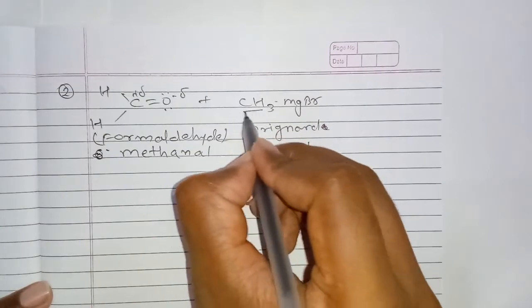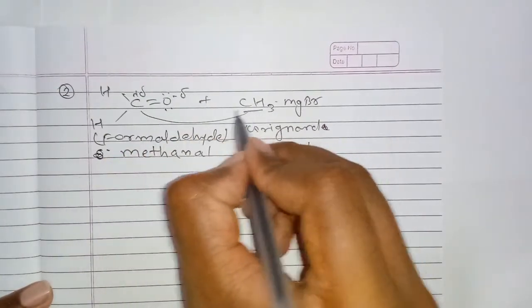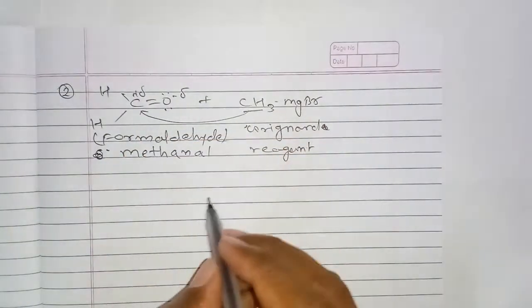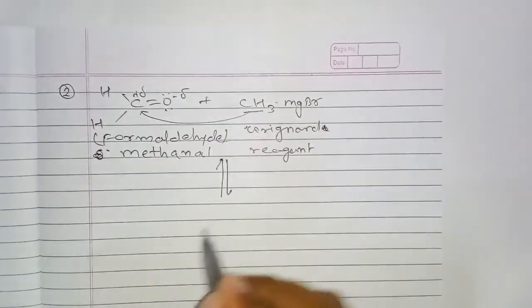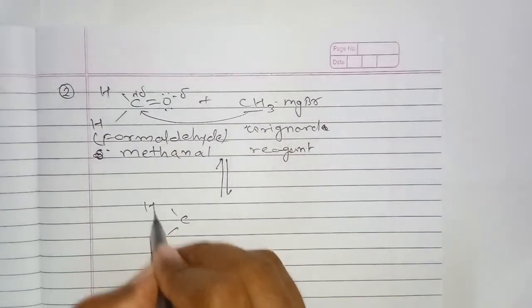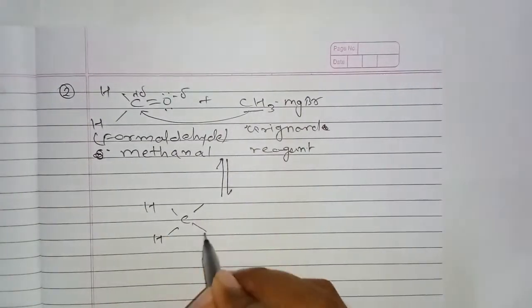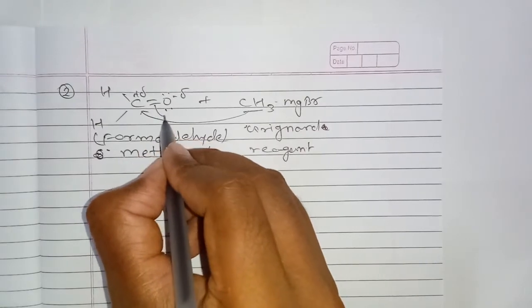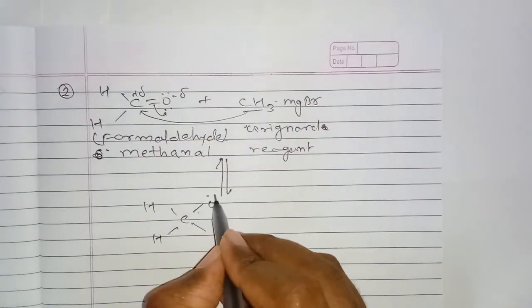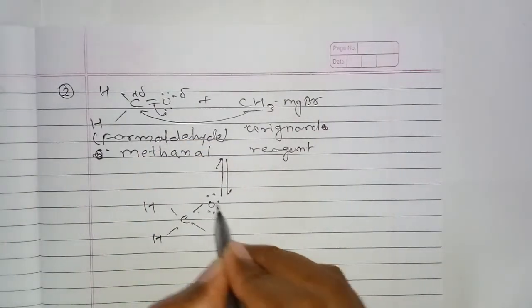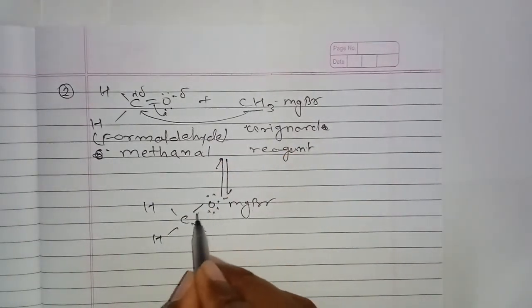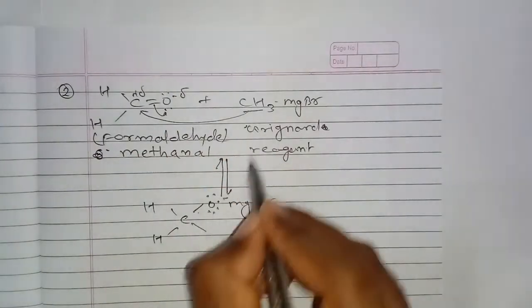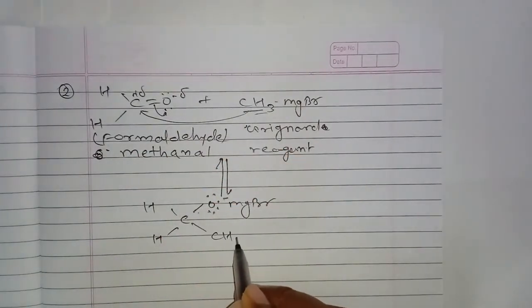This will be the nucleophile, which attacks the carbon. The double bond is converted to a single bond. Here oxygen, and MgBr is attached with the oxygen, and the methyl group is attached with the carbon. This intermediate is formed.